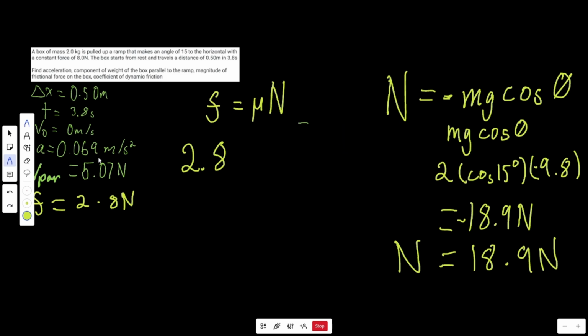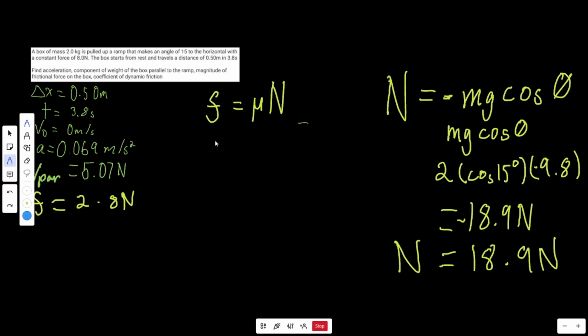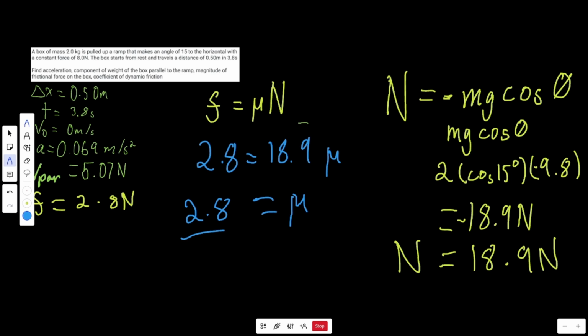Okay, let's use a different color pen since it might be a bit confusing. Okay, again, 2.8 is equal to 18.9 mu. Okay, so now isolating mu, that should get us 2.8 divided by 18.9, and that should be 0.15.